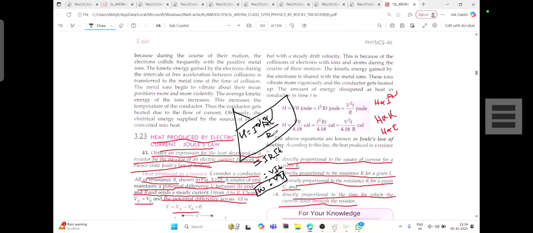That means I square R square, that means V square.